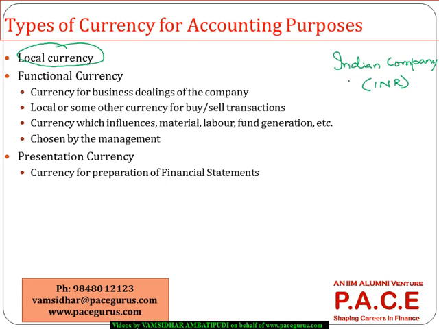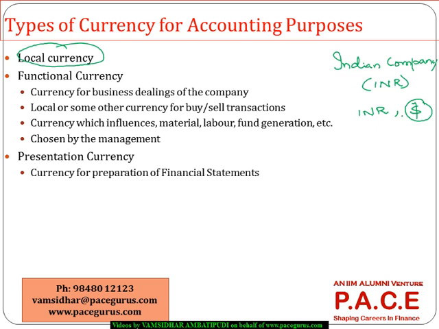Now, the Indian company can do its business, buying and selling, with either Indian customers or outside customers, but for its regular trading, it may use either the Indian rupee for regular transactions, or it may say, I'll use US dollars for my transaction purposes.